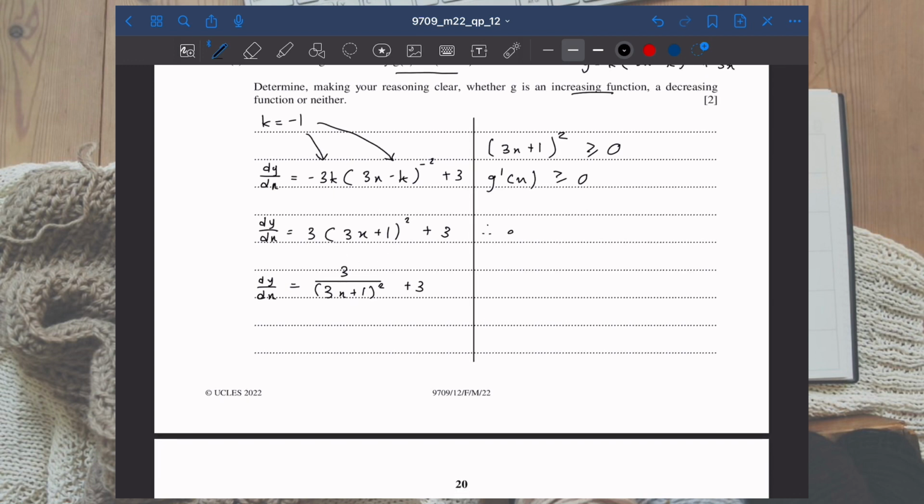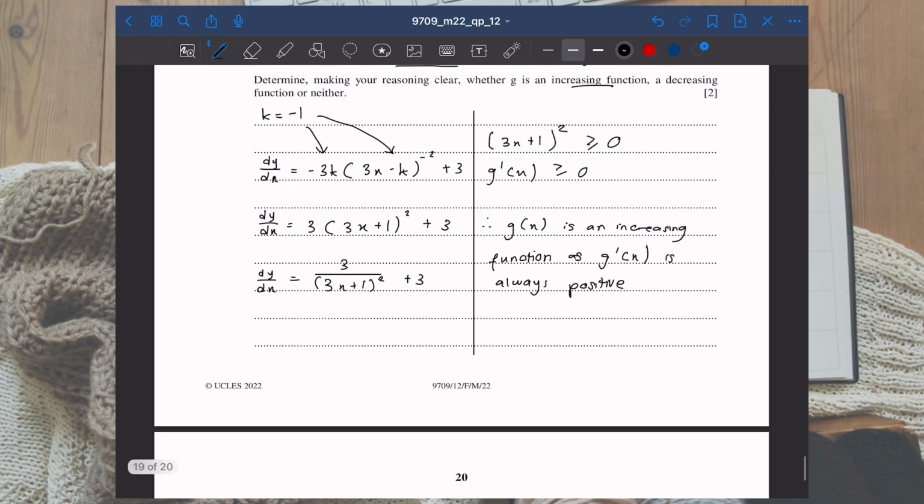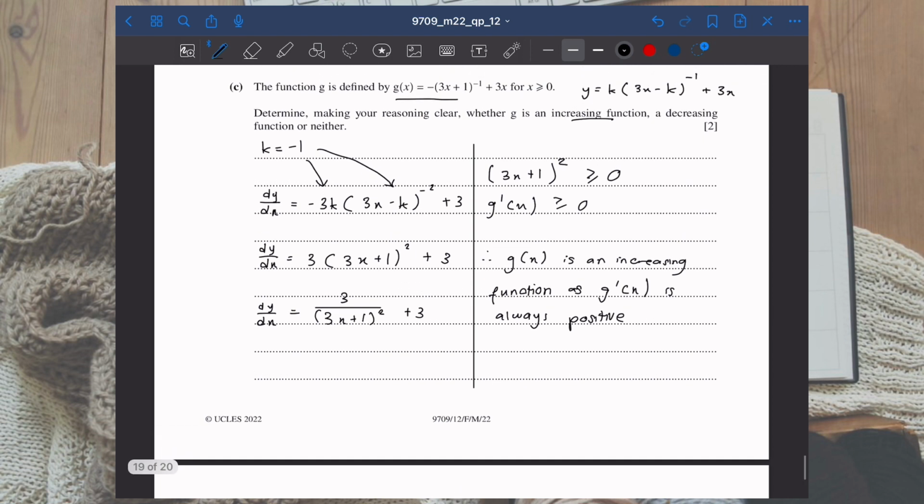Our conclusion can be: g of x is an increasing function, as dy/dx is always positive. Since your gradient is always positive, always increasing, your g of x will be an increasing function. That is your answer for part C.